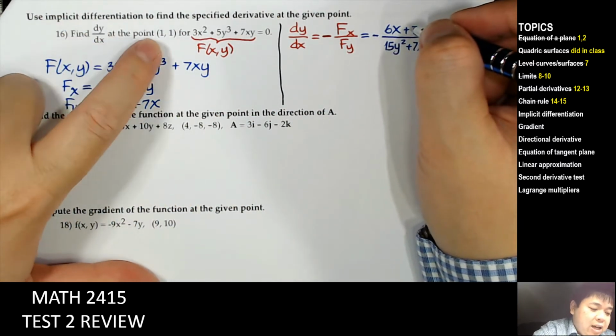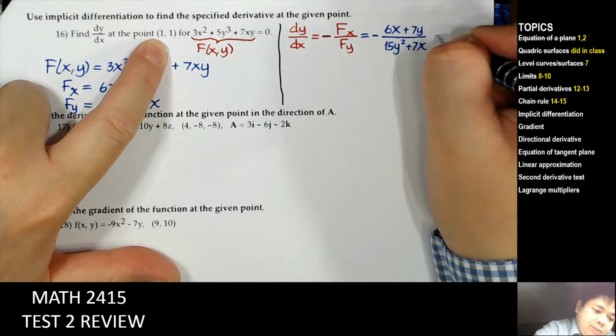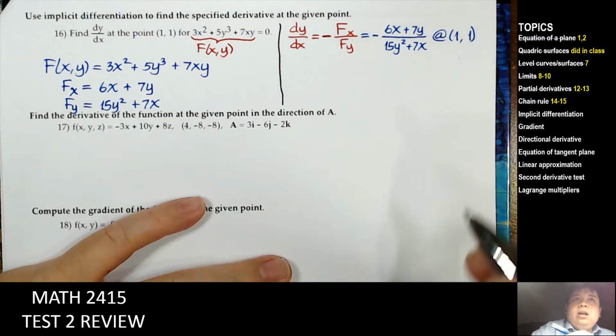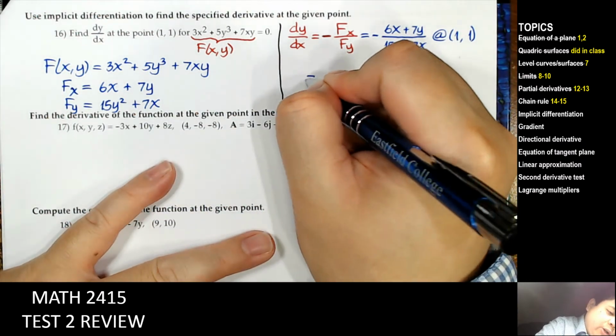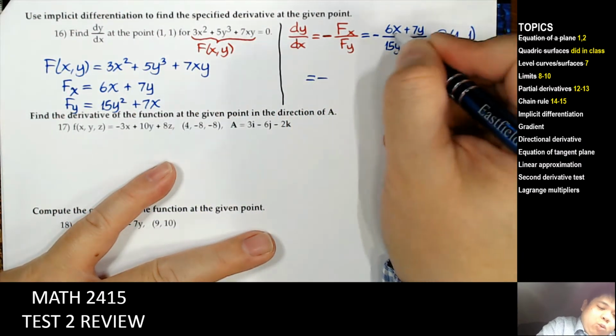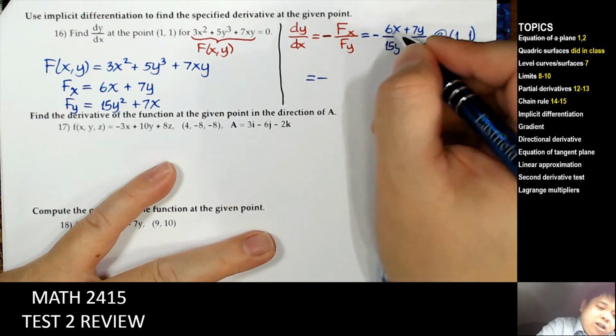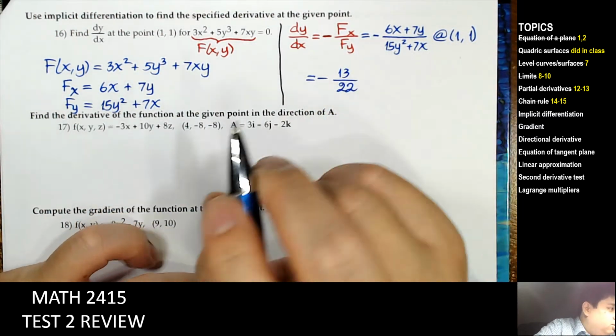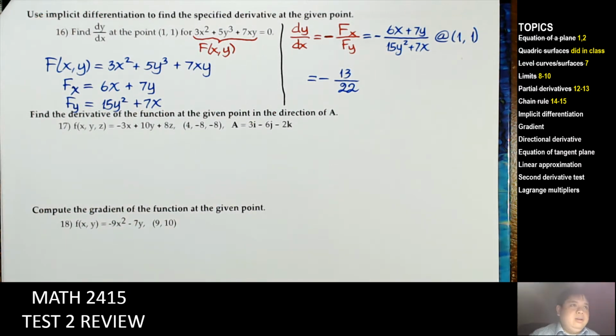We evaluate at x equal to 1, y equal to 1, so we will have negative, now equal to 1, that will be easy, 1 and 1, so we have 13 on the top and 22 at the bottom, and that's what we have. So that is implicit differentiation.